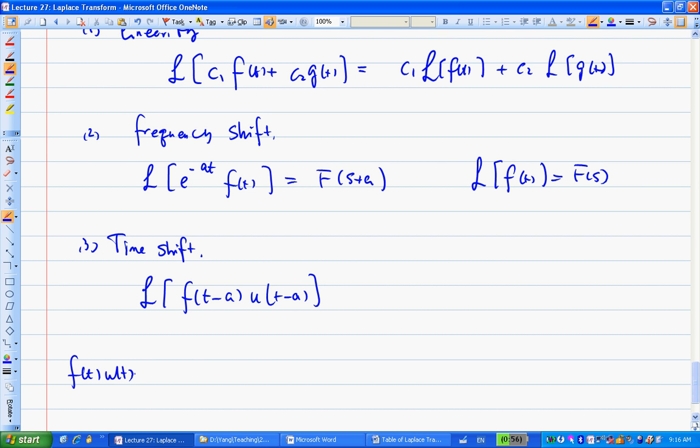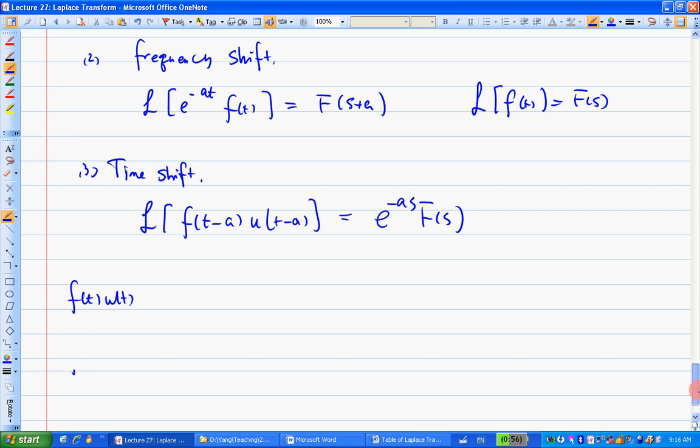Then we shift this whole thing to the right by an amount of a. And what will be the corresponding Laplace transform? For this case, what you're going to have is e to the power of negative as times capital F of s, where capital F of s is the Laplace transform of f of t. So that's time shifting. I have the proof in the lecture notes, so take a look at that if you want.